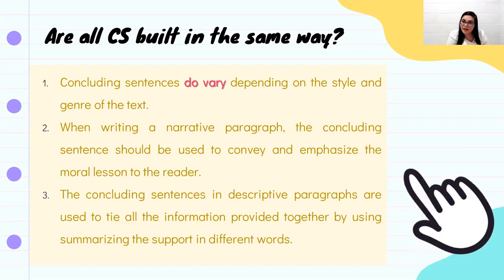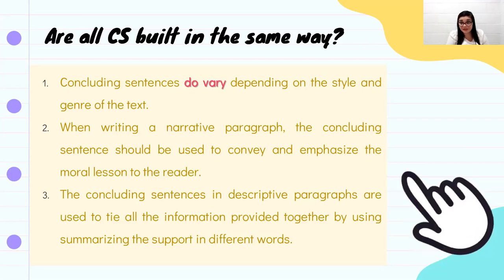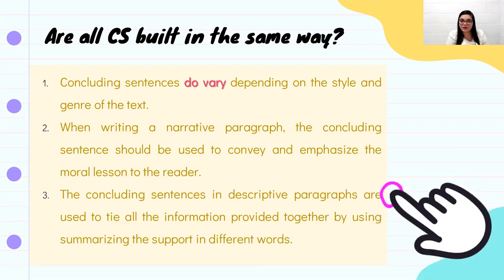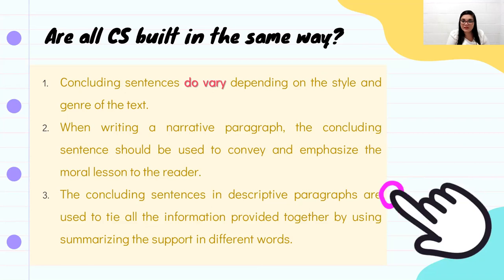So when writing a narrative, for example, the concluding sentence should be used to convey and emphasize the moral lesson to the reader. The concluding sentence, for example, in a descriptive paragraph, is used to tie all information provided together by summarizing the support in different words.